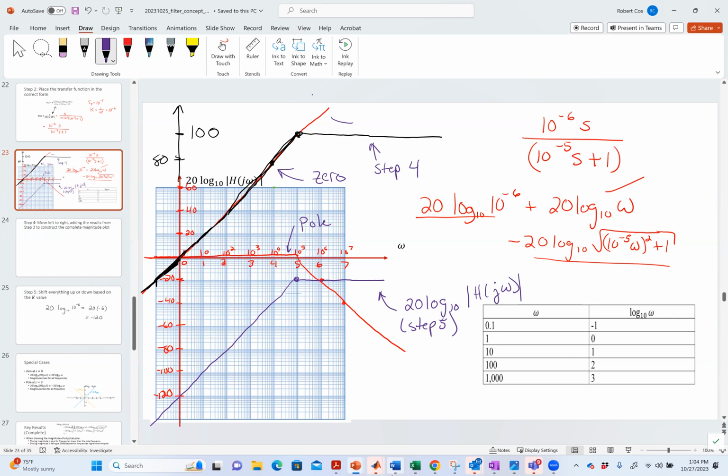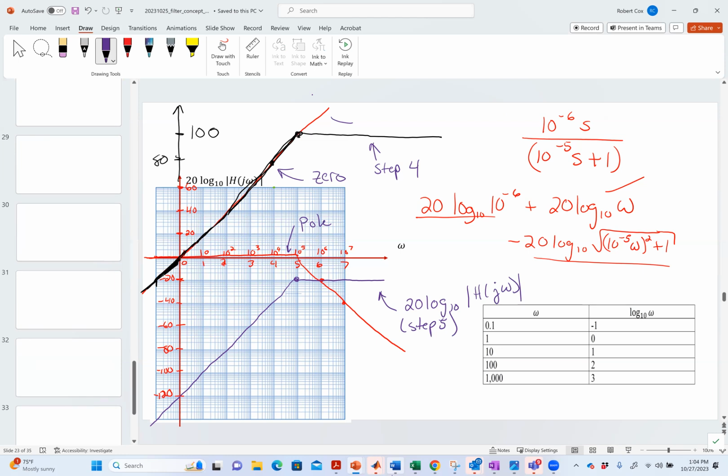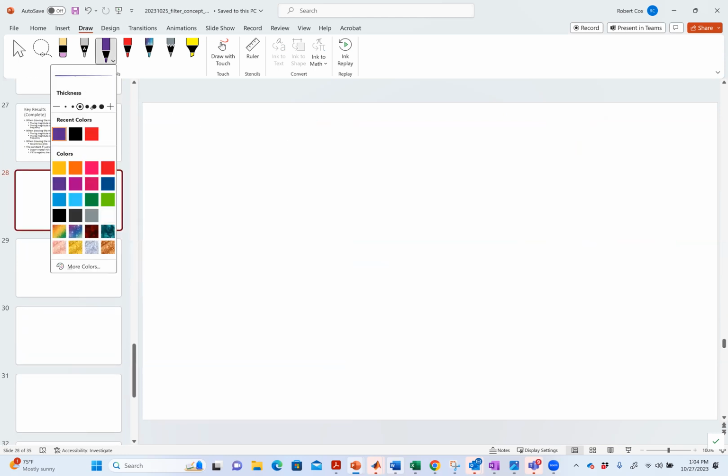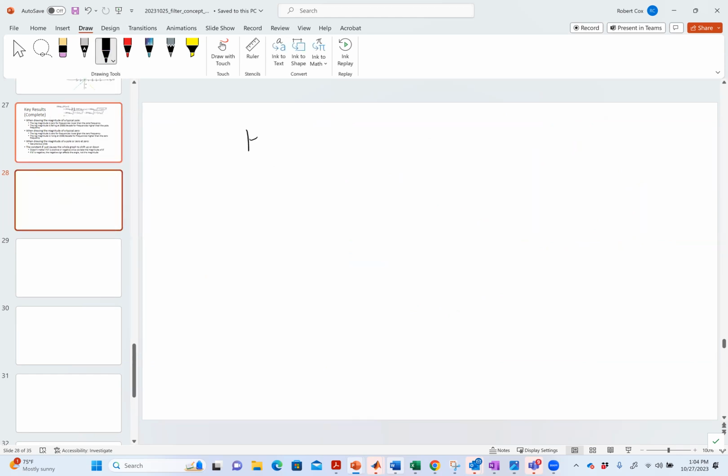Well, let's say, for sake of argument, this H of s, let me go back to black. Let's say I have H of s is this whole thing, s over 10 to the 5th, or let me just write that, 10 to the 6th downstairs times s times 10 to the negative 5th plus 1.